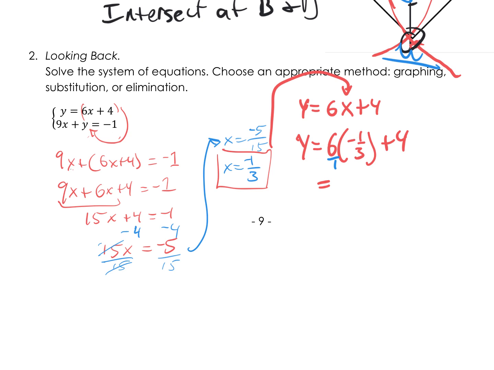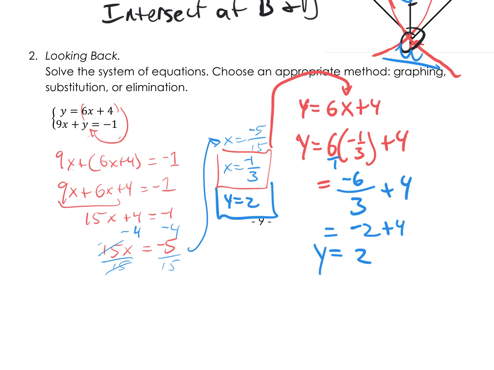When we multiply fractions, we multiply straight across. 6 times negative 1 is negative 6. 1 times 3 on the bottom is 3. And we know that 6 divided by 3 is 2. So this is negative 2. And negative 2 plus 4 is just positive 2. So we found out that y equals positive 2.